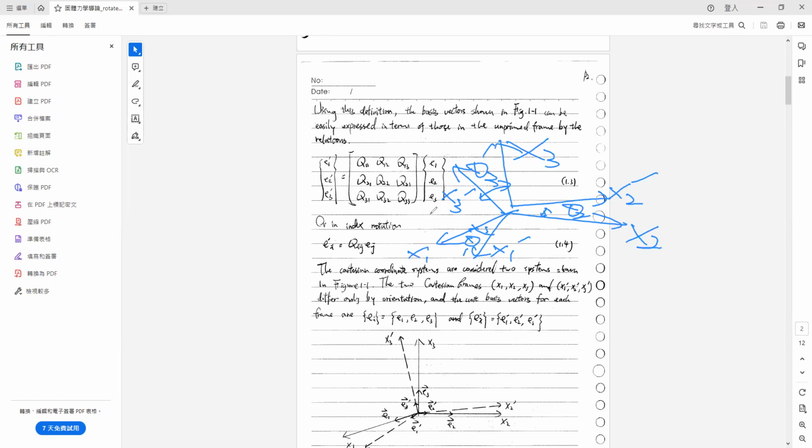So we can describe the relation between the transformed coordinate and the original coordinate with a Q matrix. In tensor form, it will be e_i' equals Q_ij dot e_j. e_j is the original Cartesian coordinate, and e_i' is the rotated coordinate.